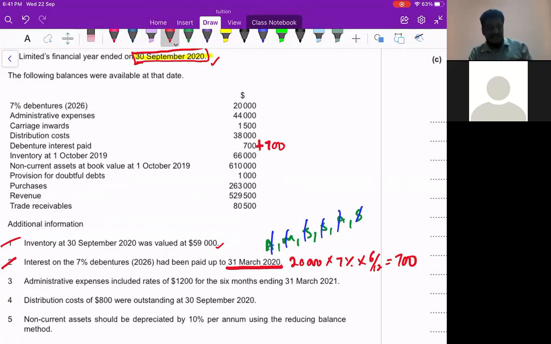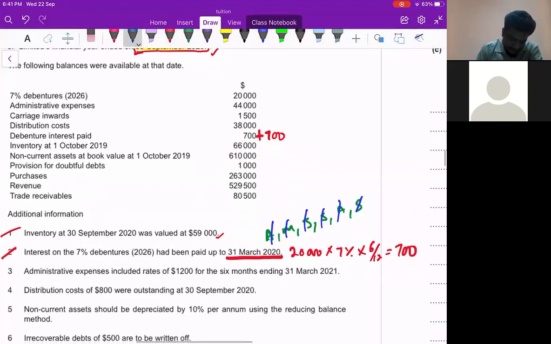You add another 700, so altogether 1,400 you will record in the income statement. This one is debenture interest accrued. Another place you are supposed to record is in current liability, but I don't care about that because this question doesn't ask me to do the statement of financial position. So I just plus here, done already.